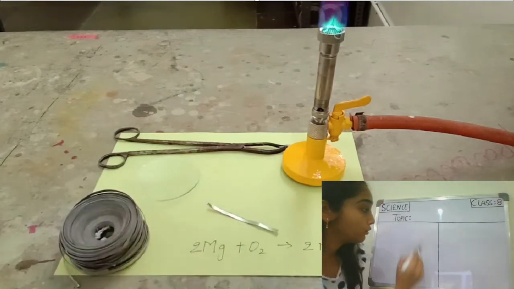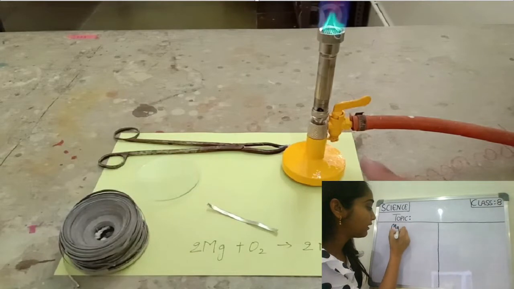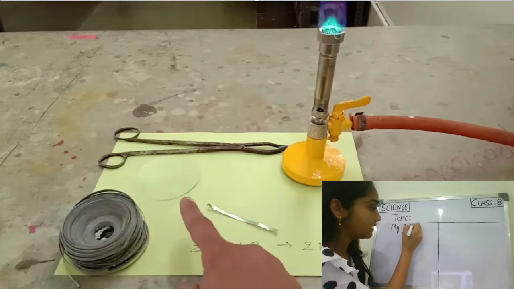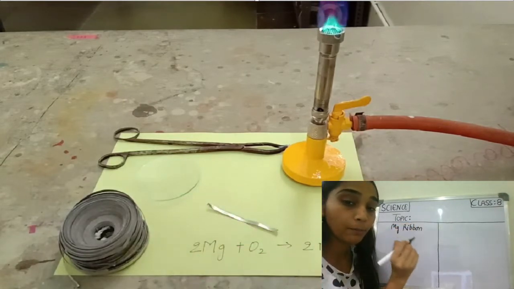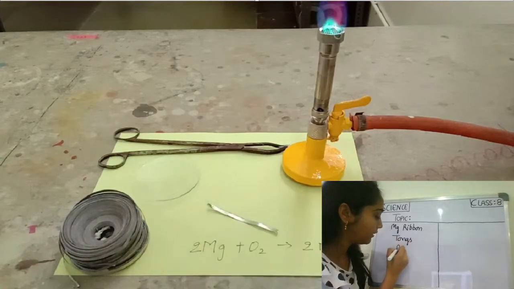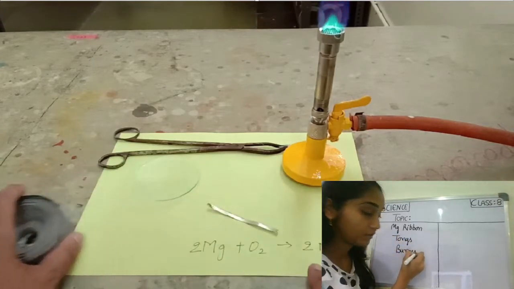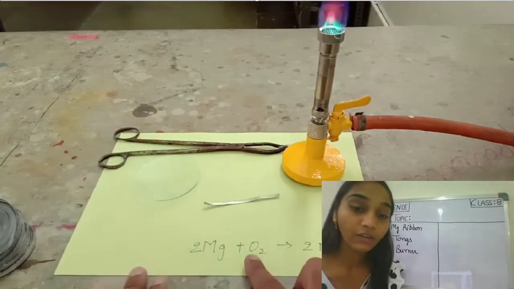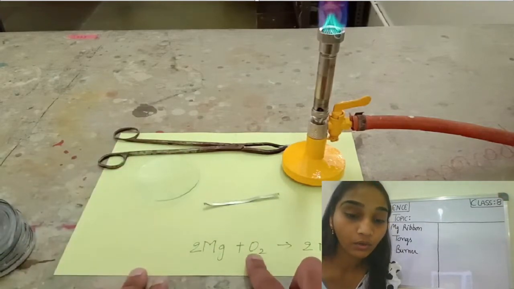Side by side, you can write that the materials required are, first, magnesium ribbon, then a pair of tongs, and also a burner. Just see what we are going to do with this magnesium ribbon, okay?